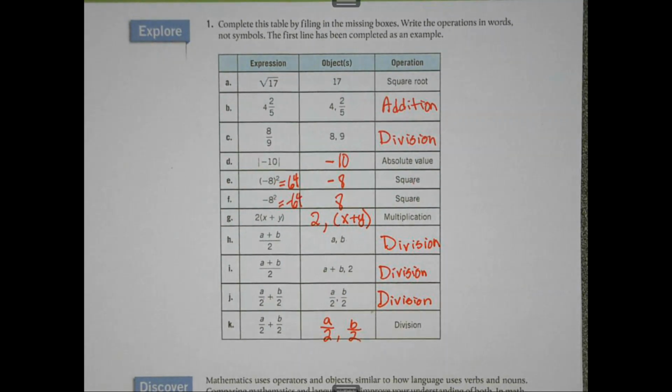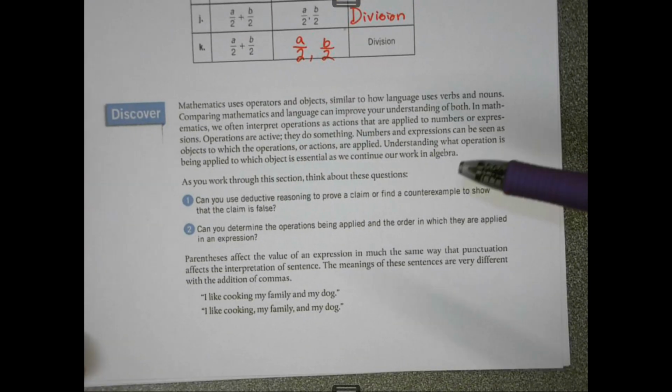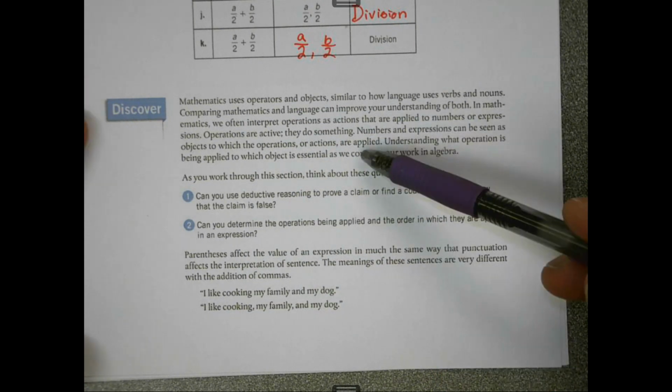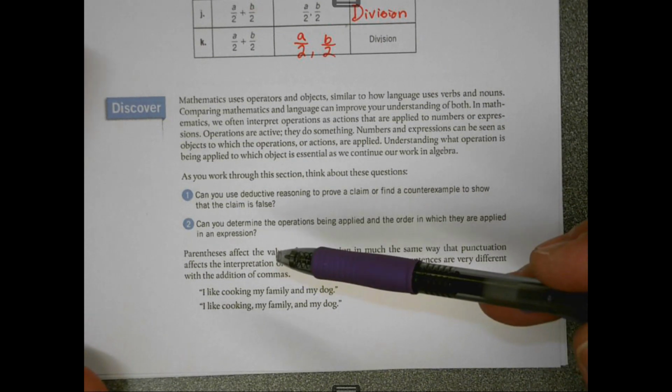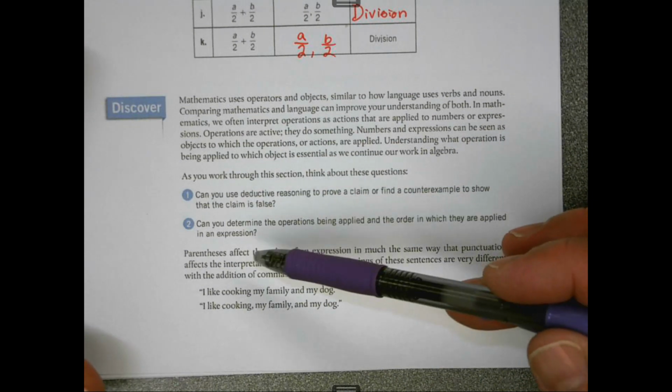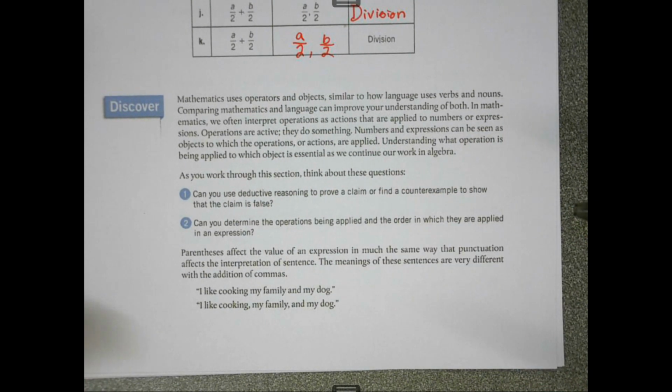Okay, so again, they're making things a lot more complicated than what it should be. Here they're using English, trying to compare English and mathematics, the grammar. For example, if you don't use commas the right way, you get two completely different meanings.